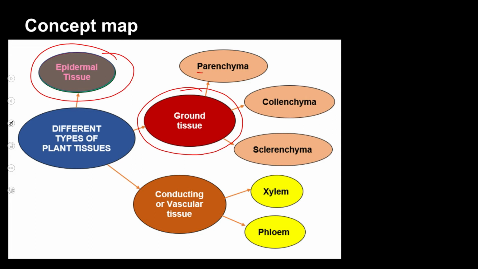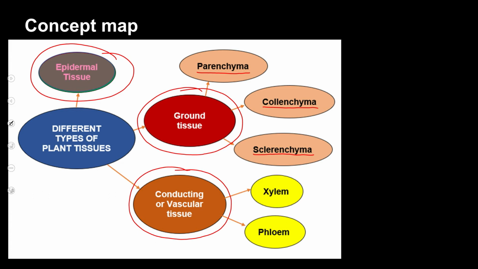We had looked at parenchyma, big cells, food stored inside them with thin walls. Collenchyma, which has walls that are thickened in corners, and Sclerenchyma, which had walls that were thickened all the way around.